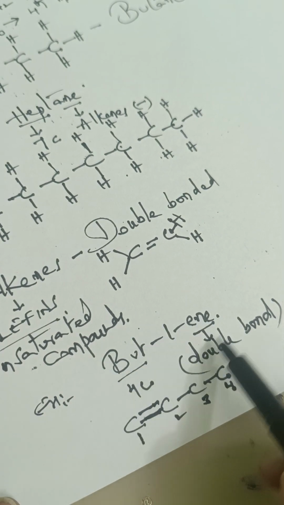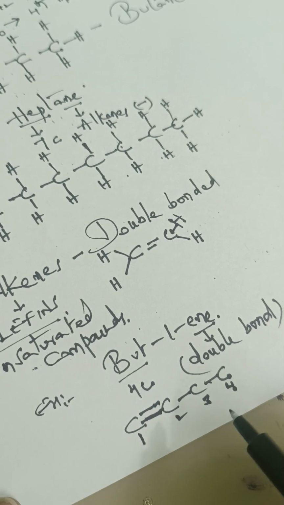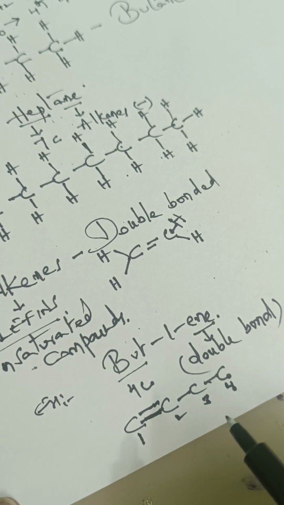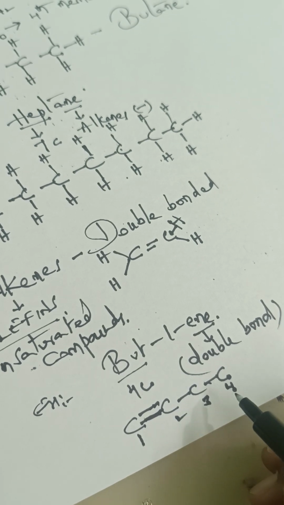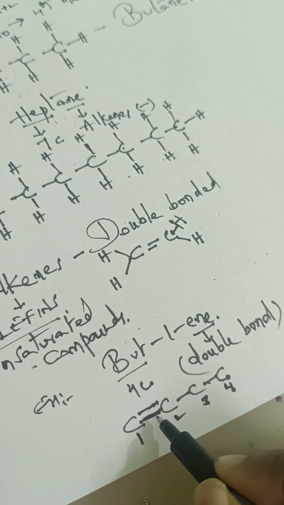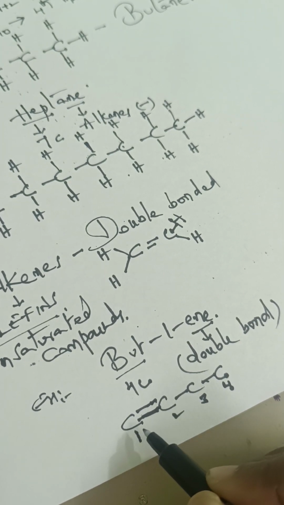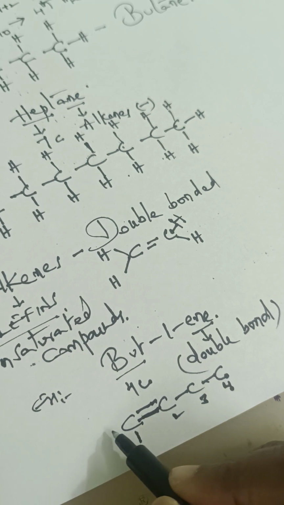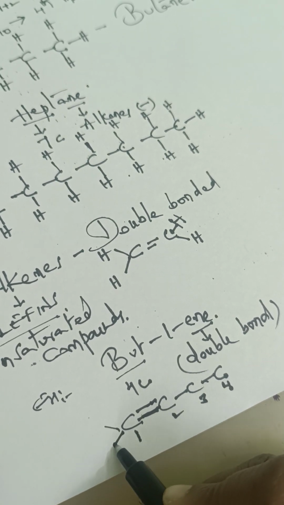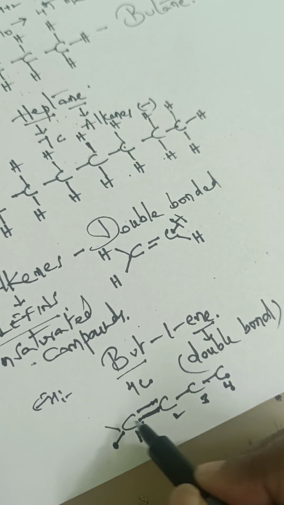Now we have taken the structure. Finally, what is the step? The final step should be satisfying the valence of carbon. Here already there are 2 bonds for this carbon atom. But the valence of carbon is 4. So remaining 2 should come here.